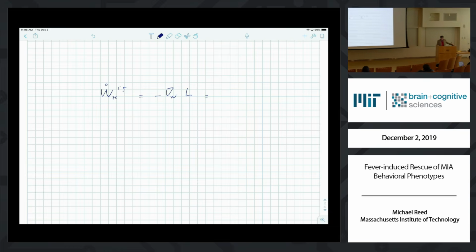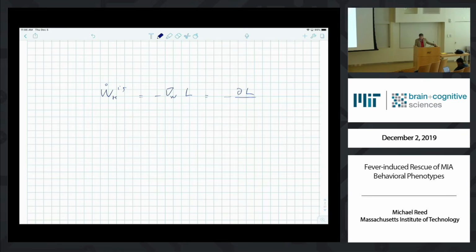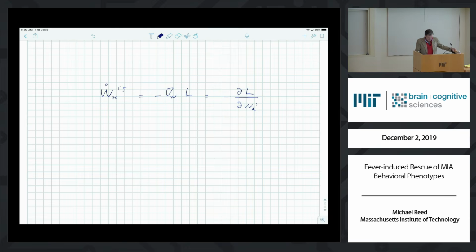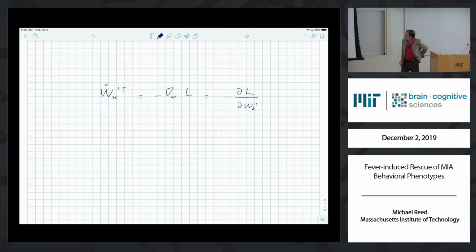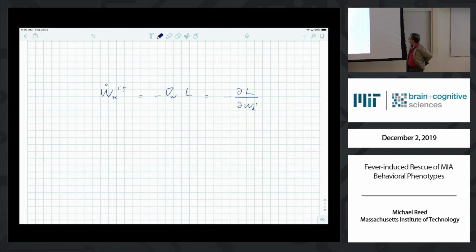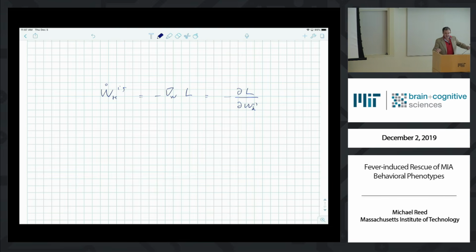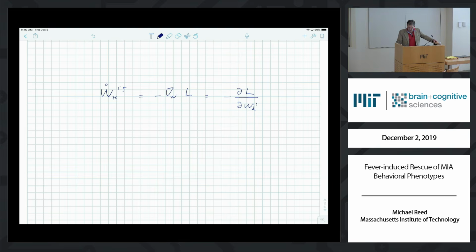So this will be something like minus dL over dW^k_ij, where W^k is the matrix of weights at layer k, and ij are the particular element in the matrix, a particular weight.